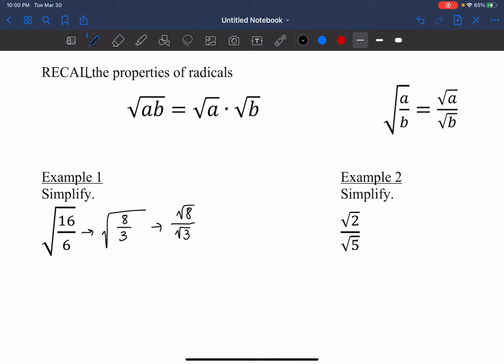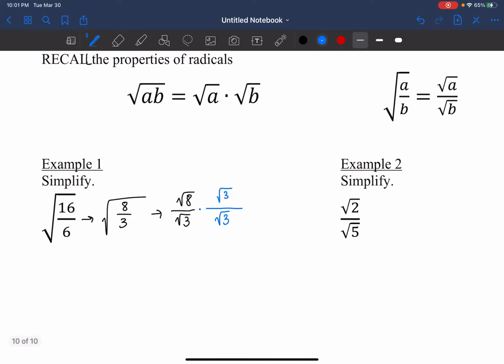That way I know which fraction I need to create in order to multiply the square root of 8 over the square root of 3. All right, so I'm going to multiply this by a fraction. What fraction is that? Well, since my denominator at the moment is the square root of 3, my new fraction is going to be the square root of 3 over the square root of 3.